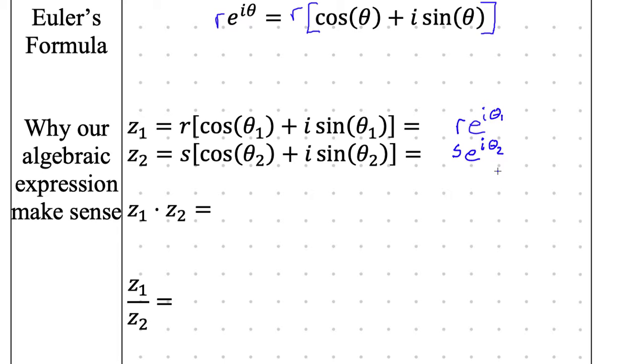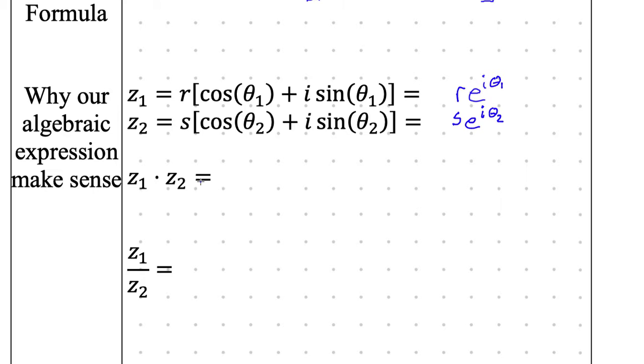We can derive the formula just from Euler's formula. So if I do Z1 times Z2, I'm doing r e to the i theta 1 times s e to the i theta 2. Let's multiply those. So let's write it all out. We're doing r e to the power of i theta 1 times s e to the power of i theta 2. Well, our rules of exponents say I do what to the coefficients and I do what to the exponents?